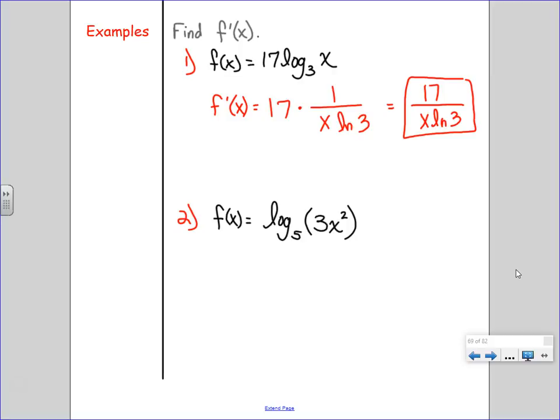Alright, check answers, check answers. You don't have them for that much longer. 2 over x ln 5. Oh, wait. Any logarithm, start with 1 over u.